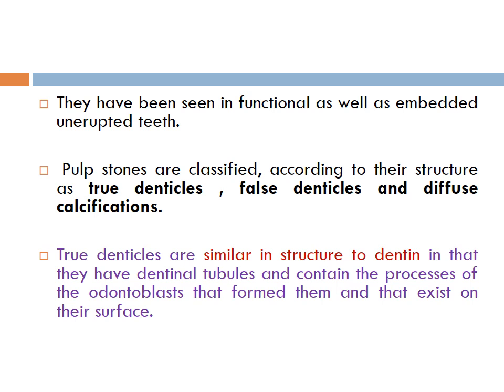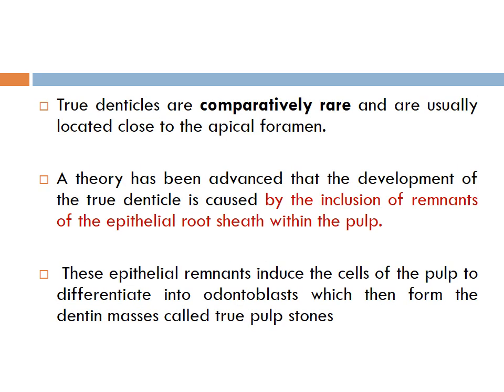True denticles are similar in structure to dentine in that they have dentinal tubules and contain the processes of the odontoblasts that form them and that exist on their surface. True denticles are comparatively rare and are usually located close to the apical foramen.